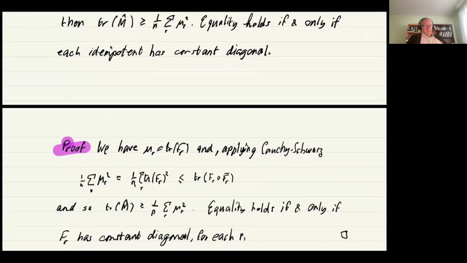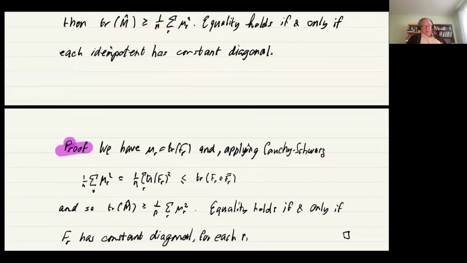Well, we take the sum of mu r squared. Mu r is just the trace of F r, and I claim that by Cauchy-Schwarz this is less than or equal to the trace of F r circle F r bar. And so that implies that the trace of M hat is greater than or equal to that. Okay, so that's what I said to prove.